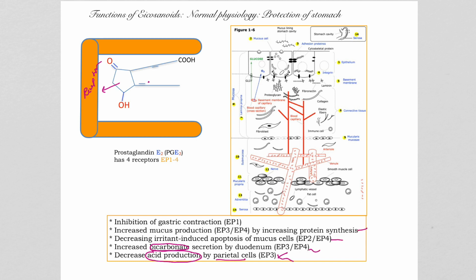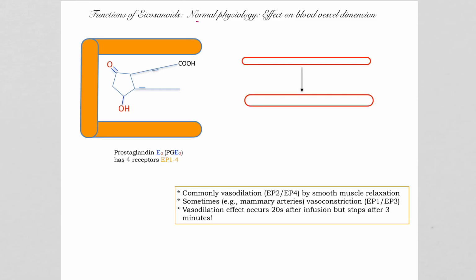in various cells. Another normal physiological effect of prostaglandins, again, let's go back to E2, is the influence on blood vessel dimension. So most commonly, E2 binds to EP2 or EP4 receptors on smooth muscles found in the blood vessels, and they relax the smooth muscles, and that makes the blood vessel bigger. Okay, vasodilation.